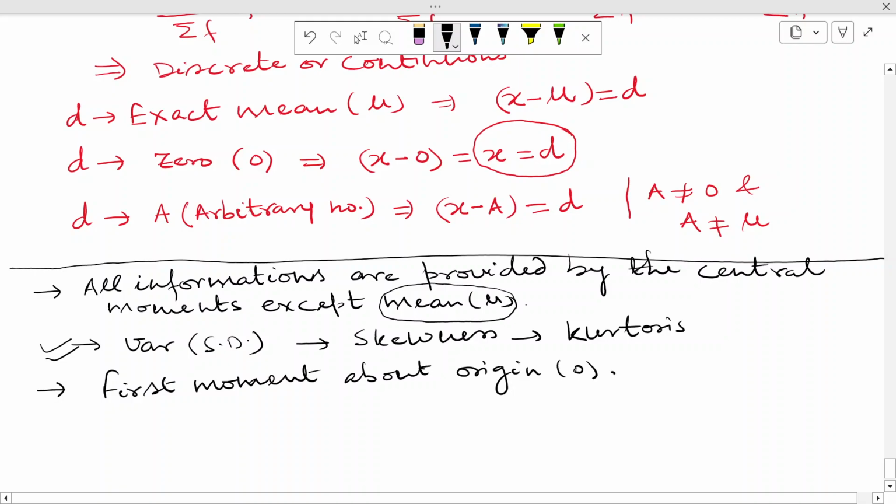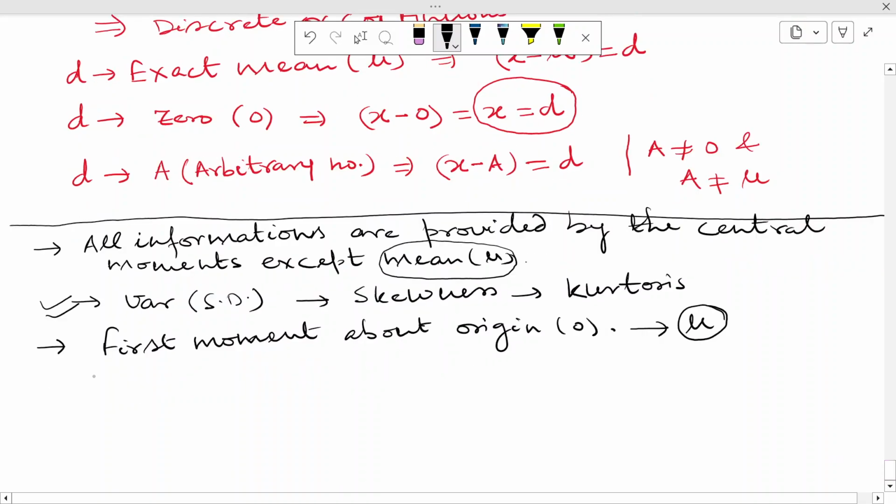So we can get the first moment about 0, and this will provide us the mean mu, right.